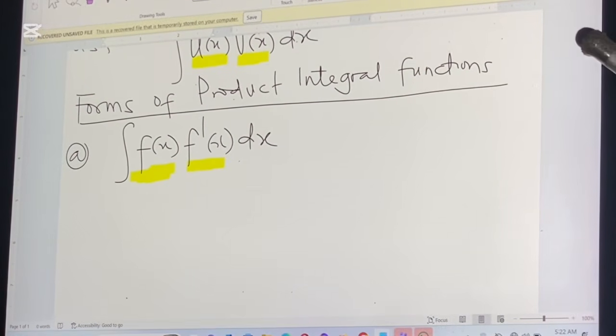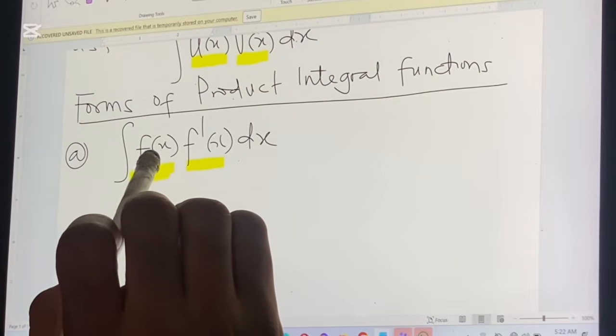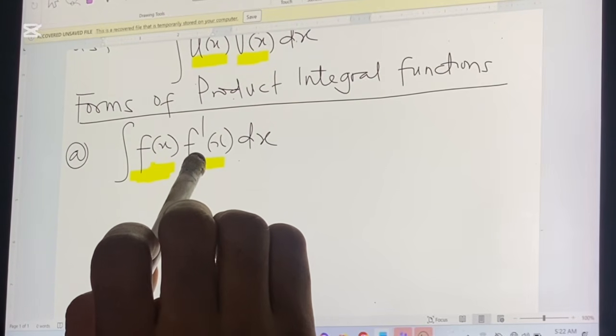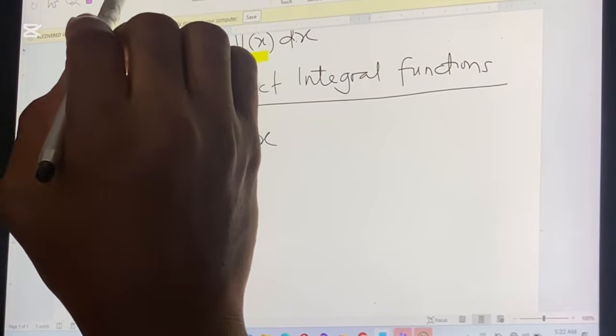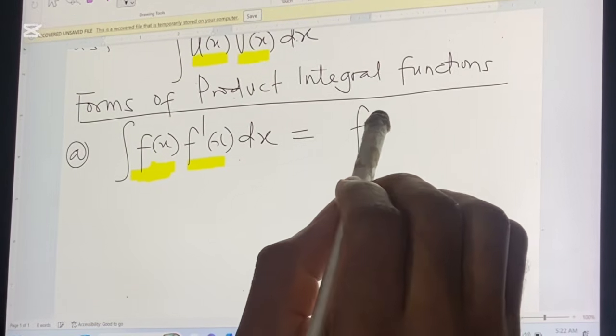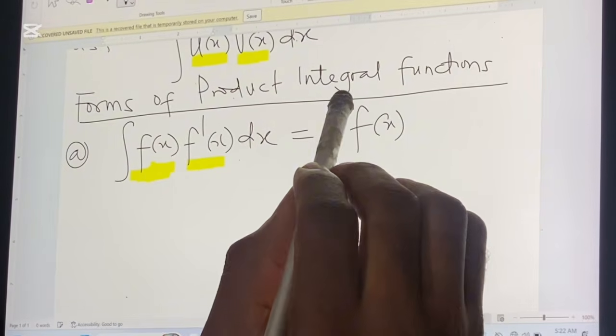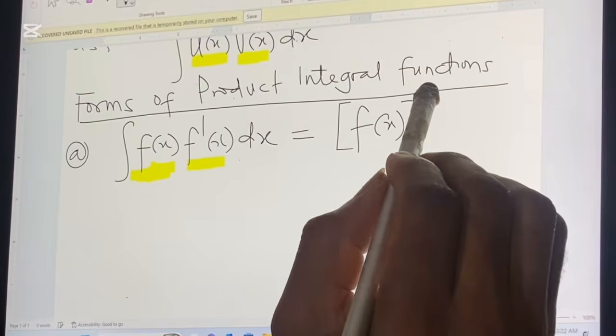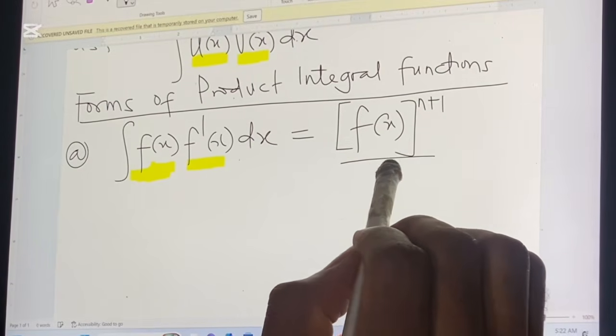Whenever we have products of our integral functions where the function is combined with its derivative, to integrate that, we have this to be f of s raised to the power of n plus 1 over n plus 1.